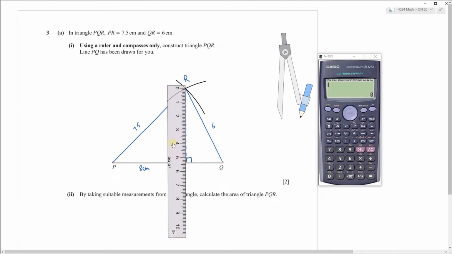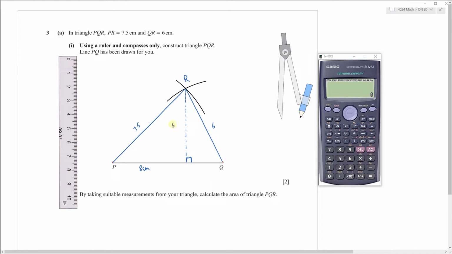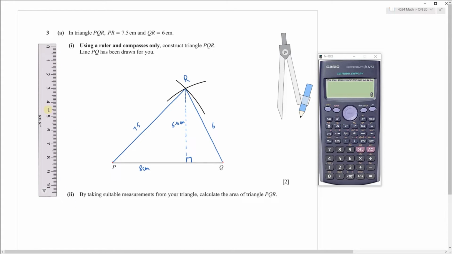So place 0 at R. This is almost 5.4 centimeters. So this height is 5.4 centimeters. So the area of triangle PQR will be 1 by 2 into base, which is PQ, 8 centimeters, multiplied by the height, which is this perpendicular height that I measured using my ruler, and this is 5.4.